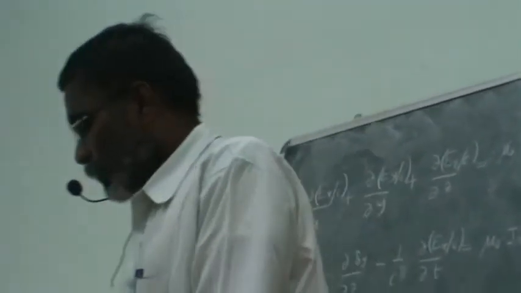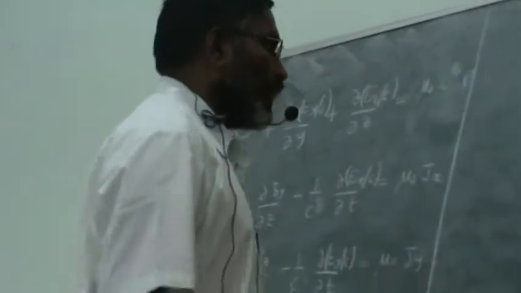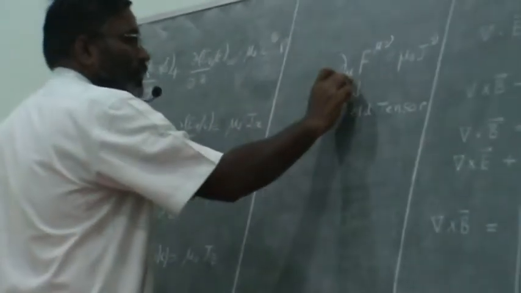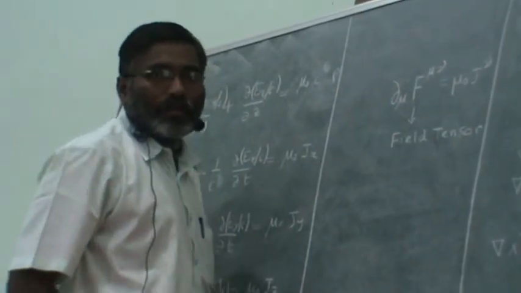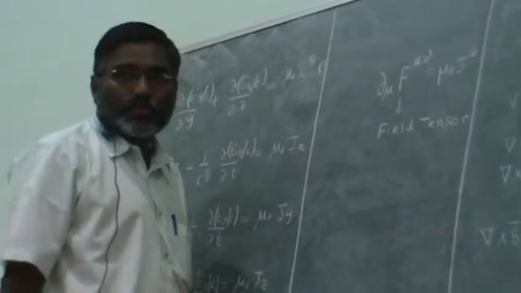In order to find out what this is, we can ask what it is for a fixed value of mu. For example, I set mu equal to 0.